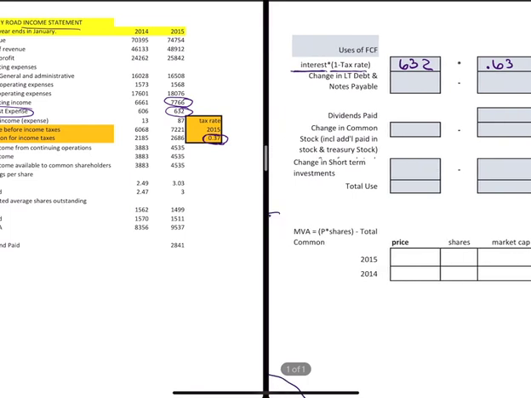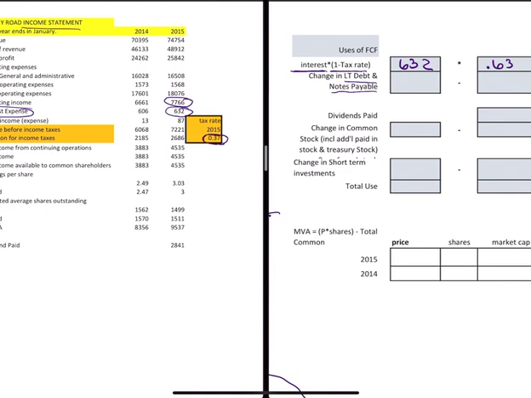What was their change in long-term debt and notes payable? So we're going to go to the balance sheet and calculate the change in long-term debt and notes payable. Did they take out more debt, or did they pay down their debt? That's what we're trying to figure out.